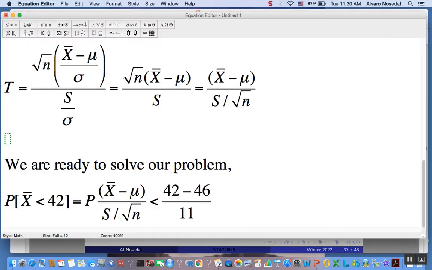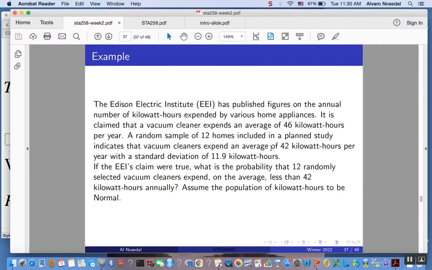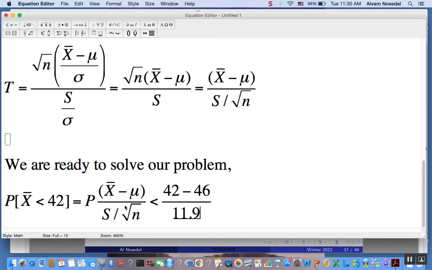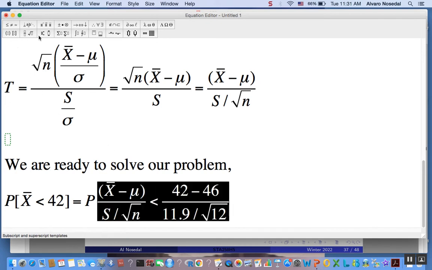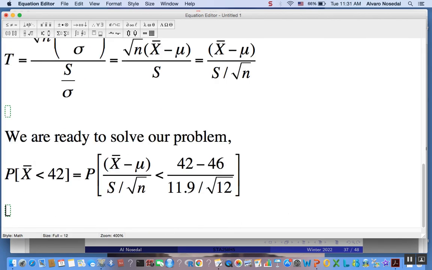So 11.9, and we know that our sample size is 12. N equals 12. So we need the square root of 12 here.